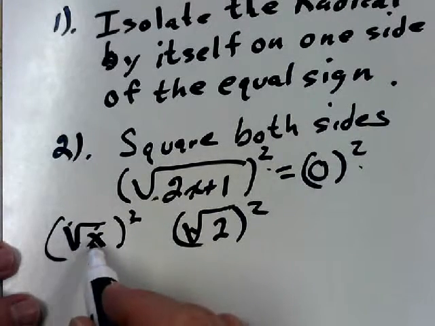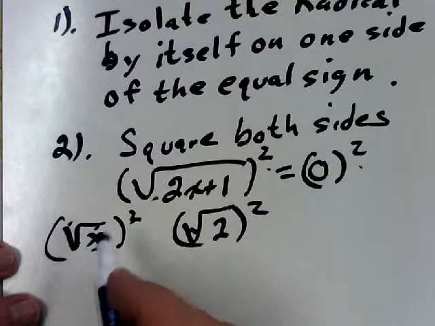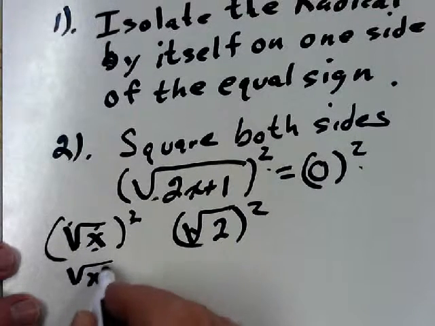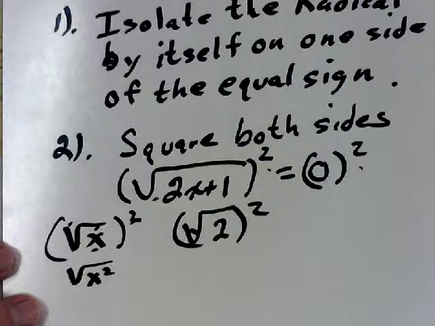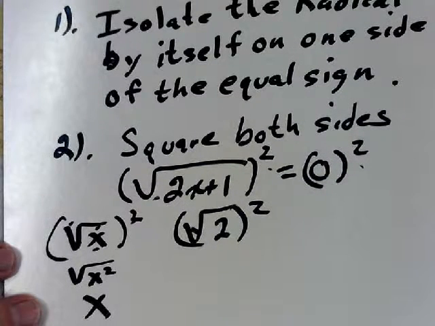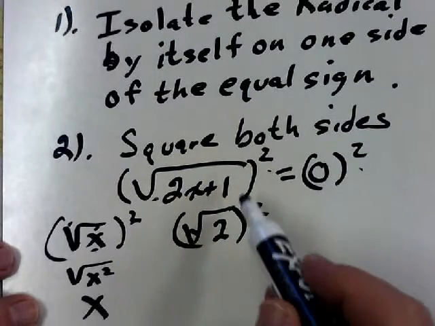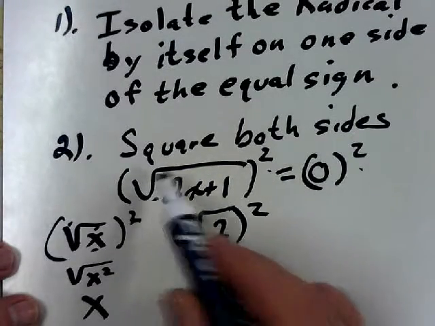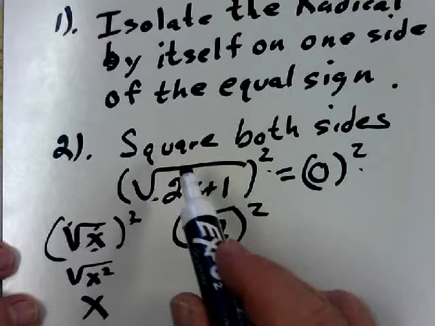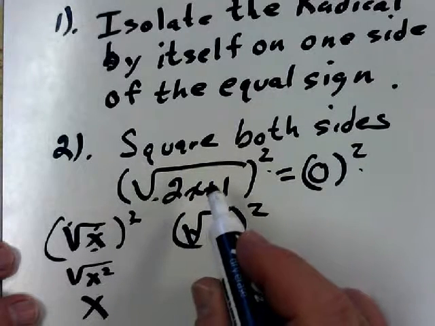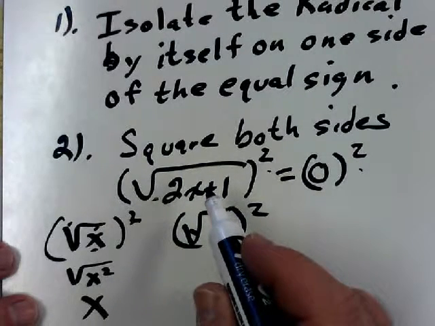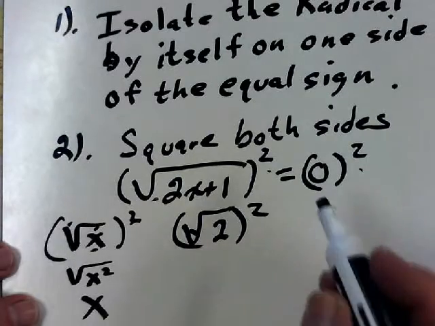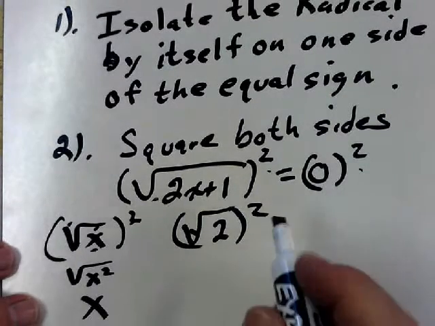I'd have the square root of x times the square root of x, which is actually the square root of x squared, isn't it? Which is just then an x. So anytime that I square a radical with an index of 2, whatever is inside that radical is the result of squaring, or getting rid of the radical.